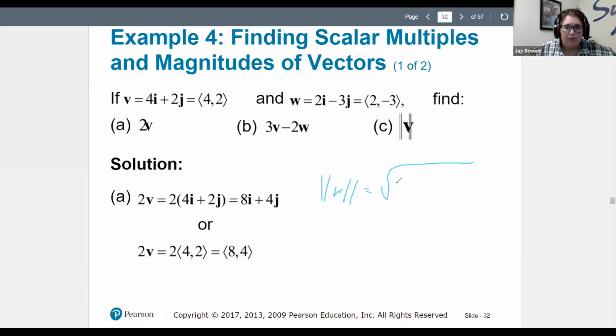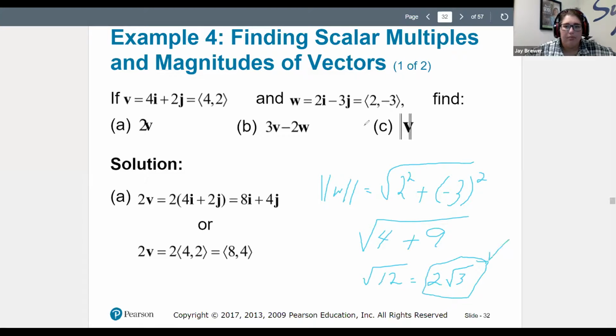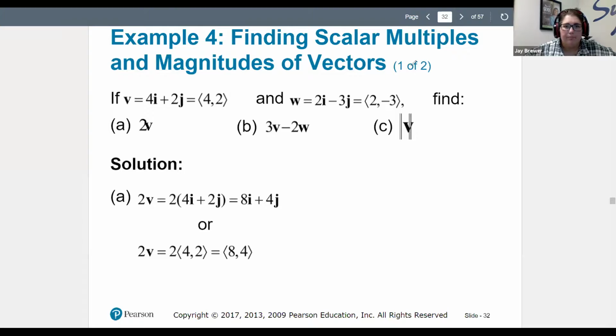Well, the i component is 2, so that'd be 2 squared plus the j component. So that's going to be 4 plus 9, so the square root of 13. Okay. All right.